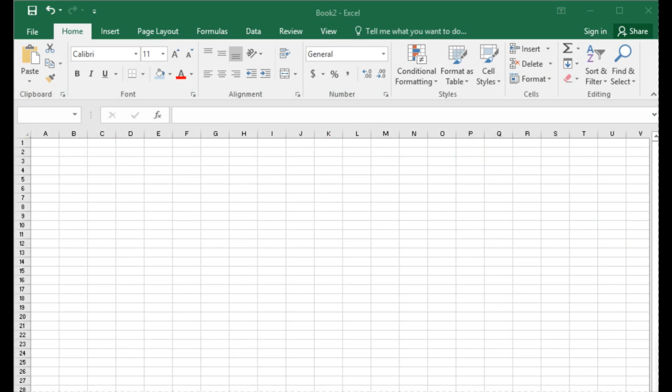Okay, so I have my empty Excel spreadsheet, and the first thing I want to create is those user inputs. So within those user inputs, I need the loan principal. I need the loan start date. I need the interest rate.